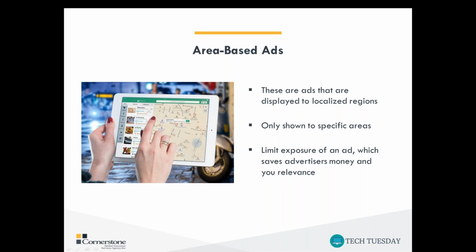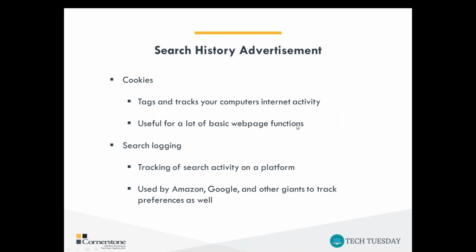You might get targeted for ads for very local coffee shops. Now this can save advertisers money and give you relevance, but if you feel that that's a bit invasive, it kind of can be. So like I said, thinking creatively about how these methods can be used together, that's really where the power comes.